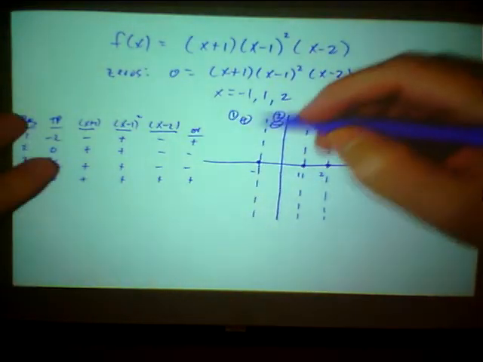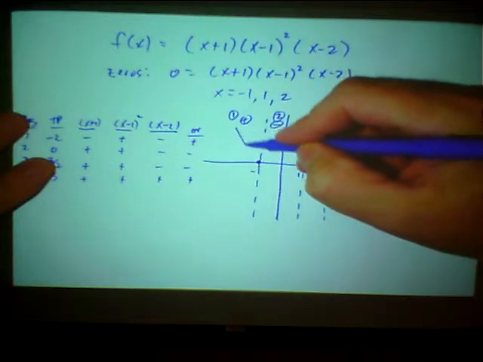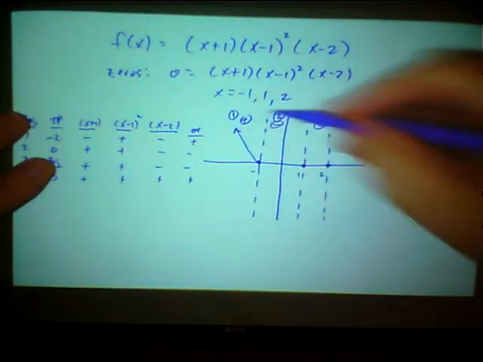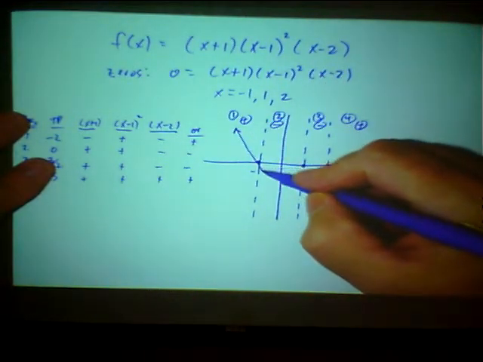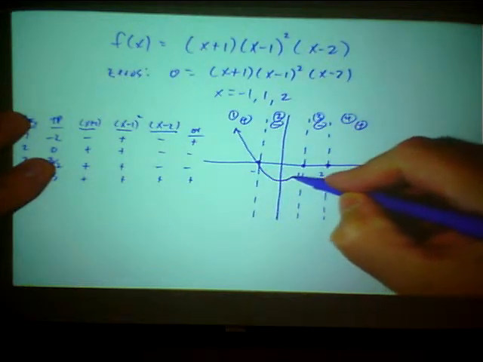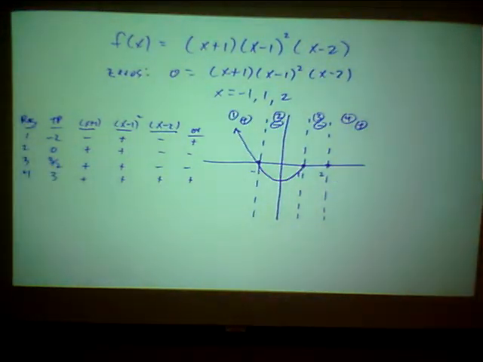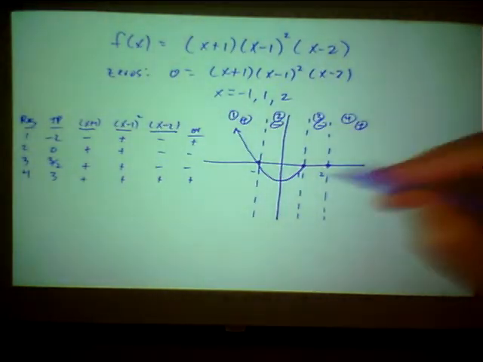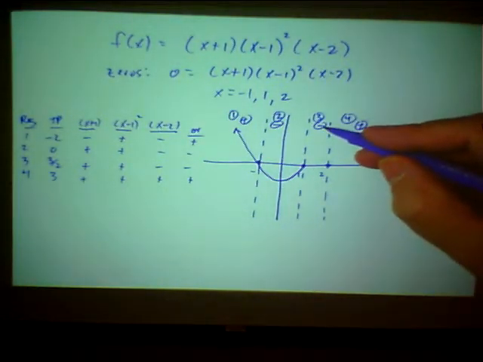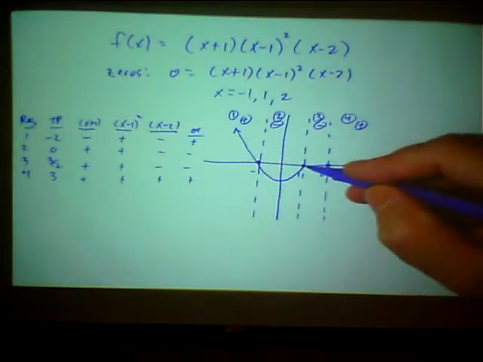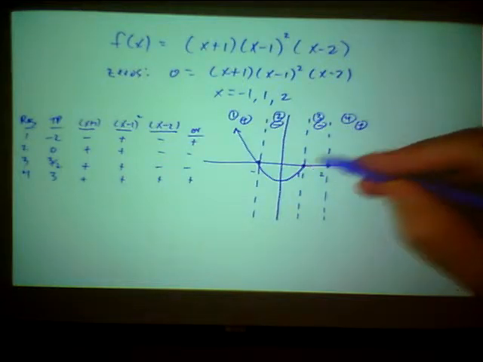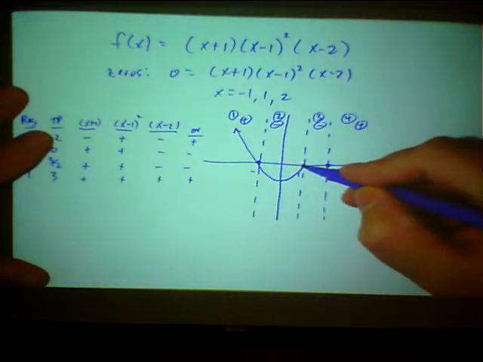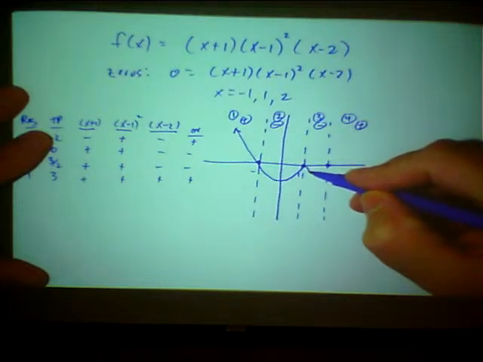So this graph looks something like this. You start out like this and it goes negative. And of course, it has to come like this. But instead of going positive again, it stays negative. So I come and it's like I touch the x-axis and I turn around and I go negative again.